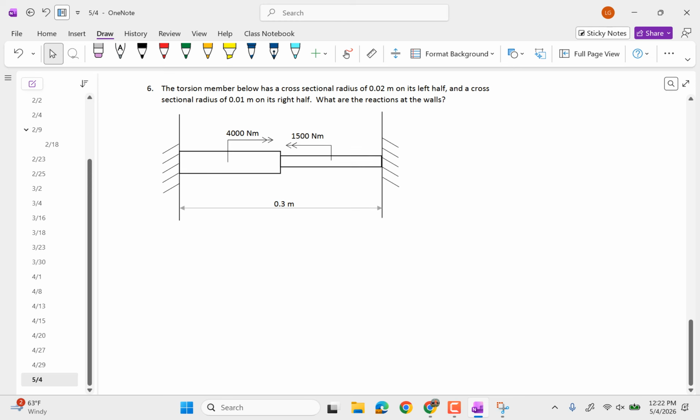And it gives us a cross-sectional area for each of those two halves. And we want to calculate the reactions at the walls. And the reactions we're talking about here are torques. They're couples at the wall that are parallel to the horizontal axis.